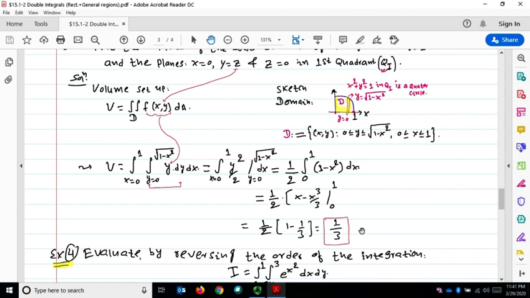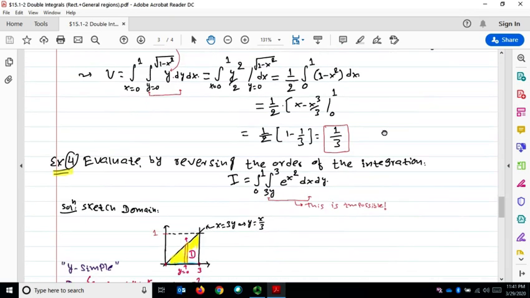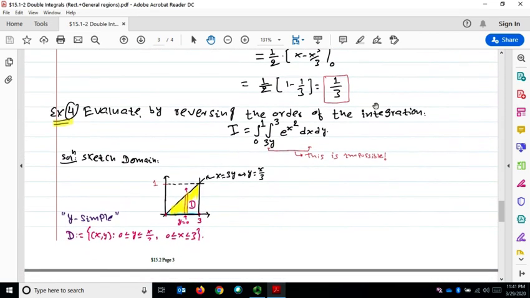Let's do a different type of problem in example 4. Evaluate the double integral by reversing the order of integration. So the given double integral is I equals the double integral of e to the x squared dx dy.